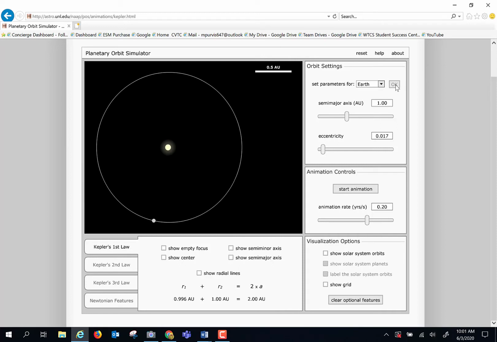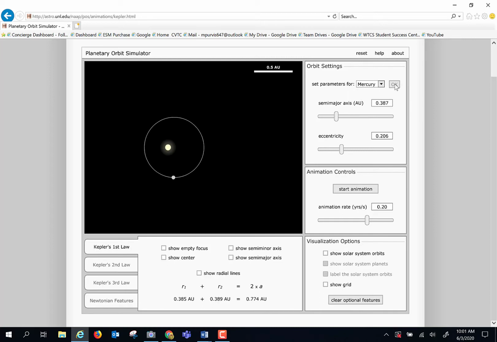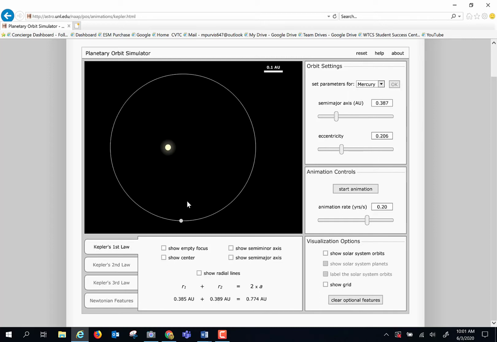Some planets have small eccentricities, which means they have a very round or circular orbit. Some planets have much larger eccentricities, which means their orbits are much more elliptical in shape, which is pretty cool, and gives us a lot of insight into each one of those planets.